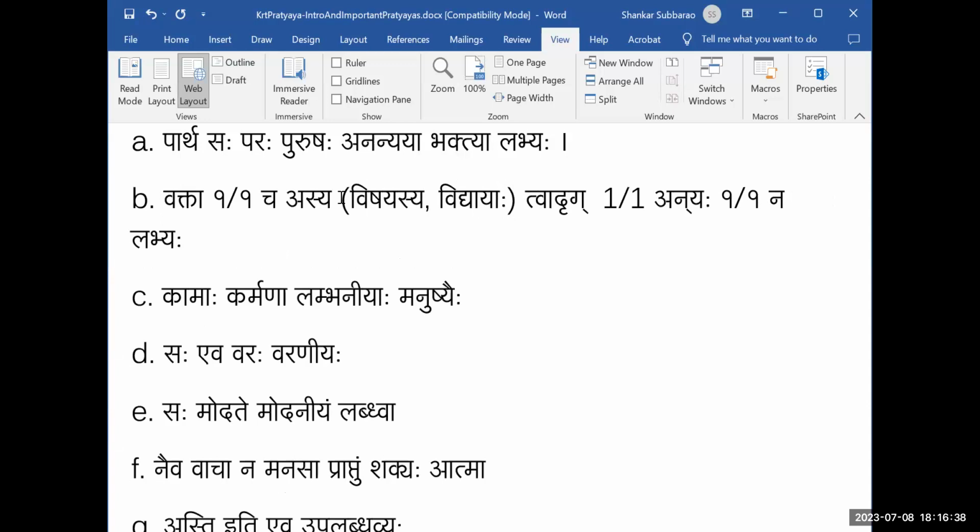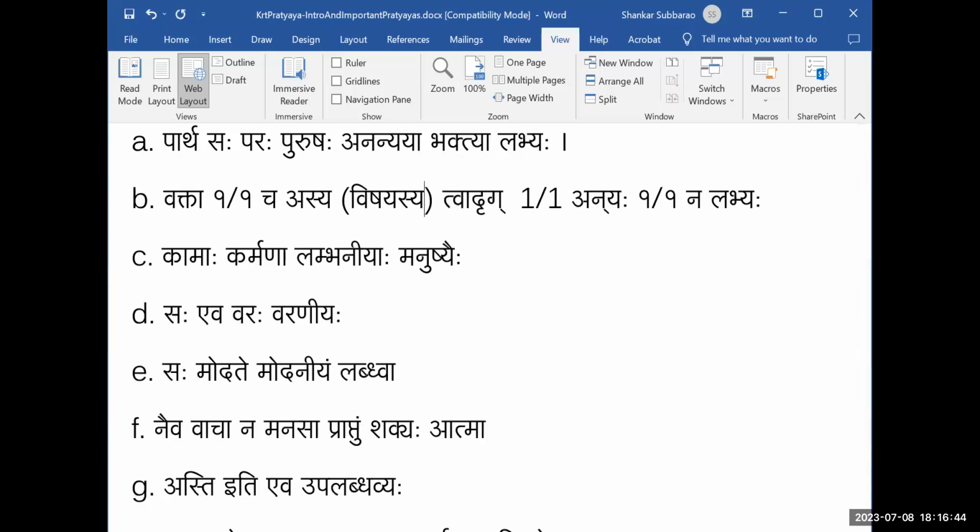See, better is what? Vishayasya. Why? Vidya is going in feminine, so I don't want that. Asya is masculine. So for this knowledge, for what we are interested in, there is no teacher like you available. This is okay? Good.